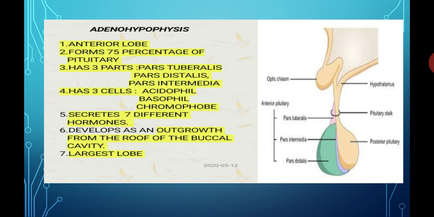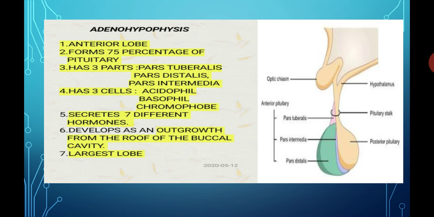So these are the points related to the adenohypophysis. I repeat all the points once again. Point number 1, it is the anterior lobe of a pituitary gland. It is the largest lobe. Point number 3, it forms 75% of the pituitary gland. Number 4, it has three parts: pars tuberalis, pars distalis and pars intermedia.